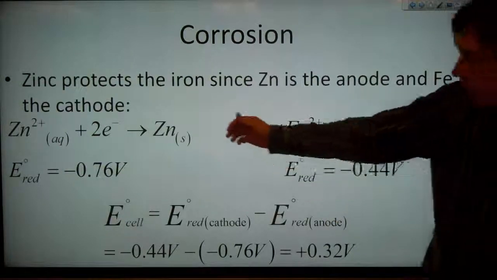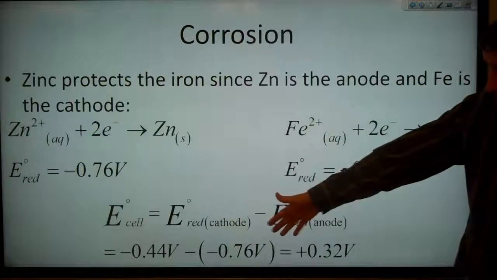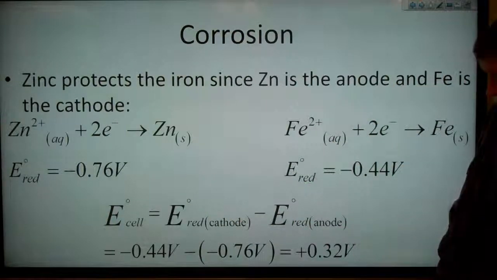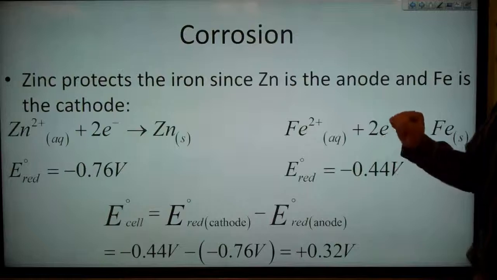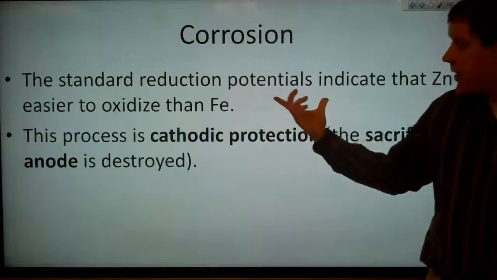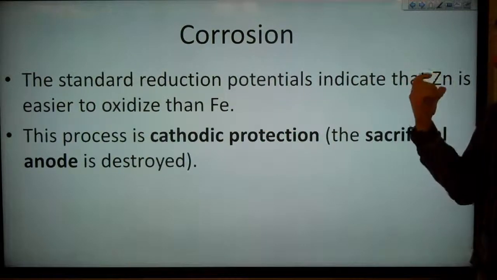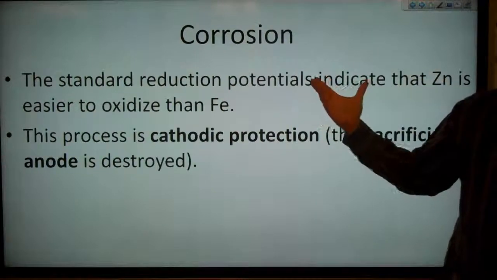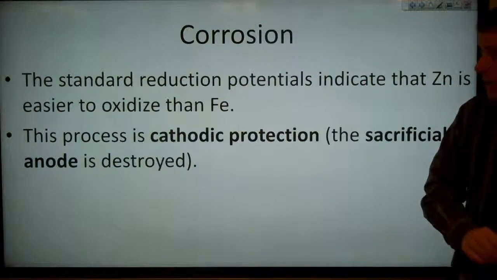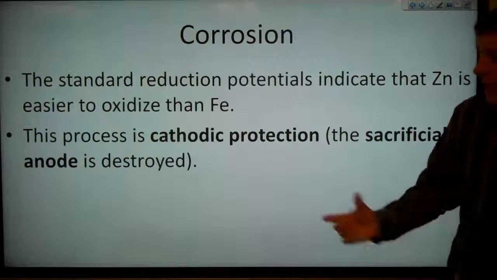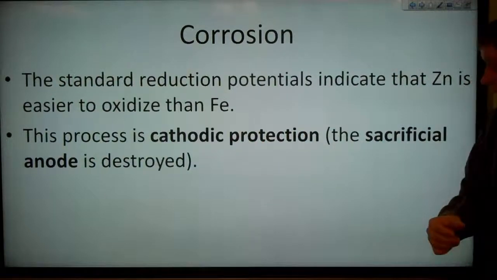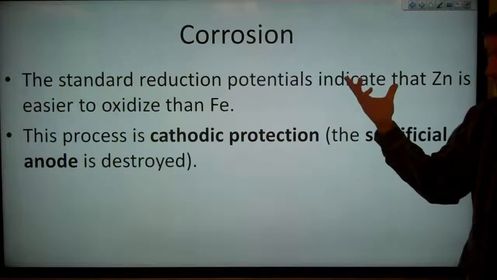And this means that the overall cell potential here is positive 0.32 volts. The standard reduction potentials indicate then that the zinc is easier to oxidize than the iron is, and this is called cathodic protection. So the sacrificial anode of the zinc is destroyed.